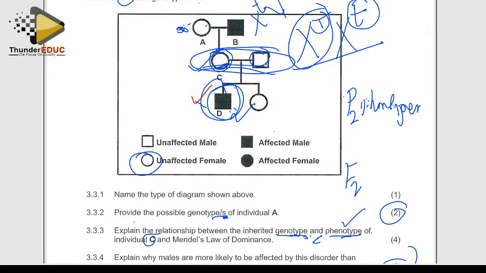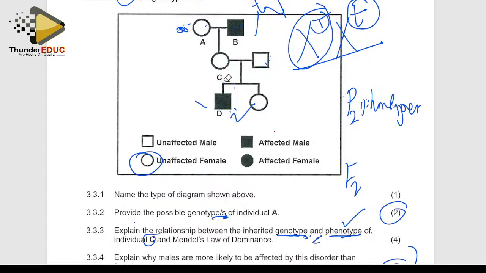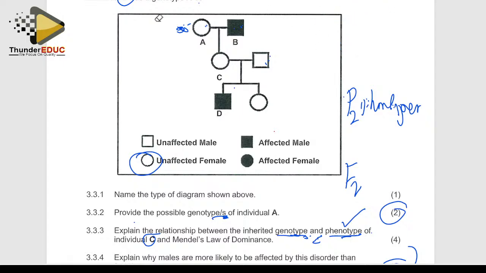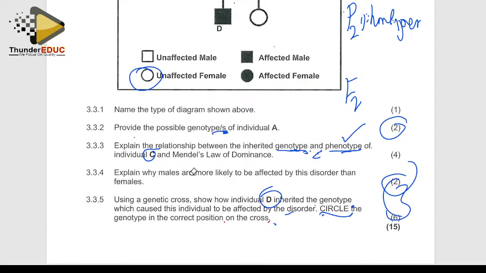Where is C? Let me check. Tando, thank you. Let me check. They're saying explain the relationship between the genotype of C. They're not saying that.